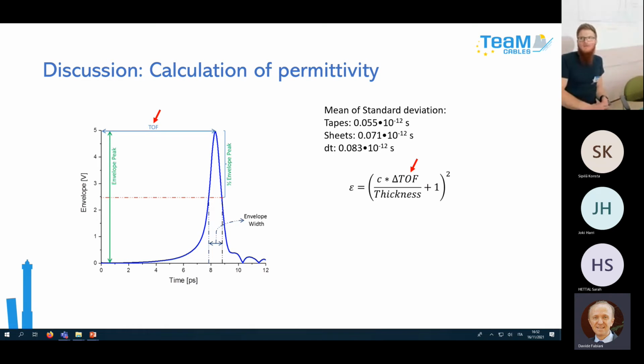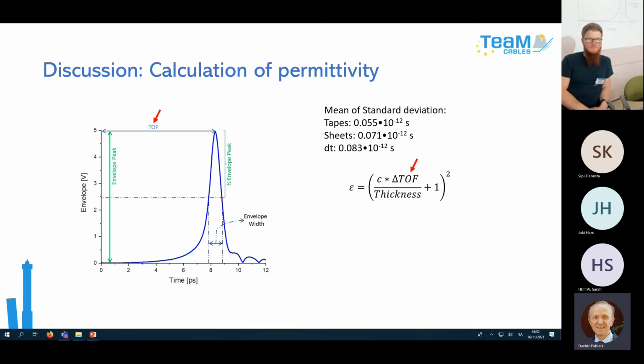Yeah, because of course, as you said, the samples are pretty inhomogeneous. You have these yellow areas in the tapes and sheets. Part of the reason that we measure point by point is that we save the files with the permittivity as the average for the whole sample and also the standard deviation of it, but I need to check it.